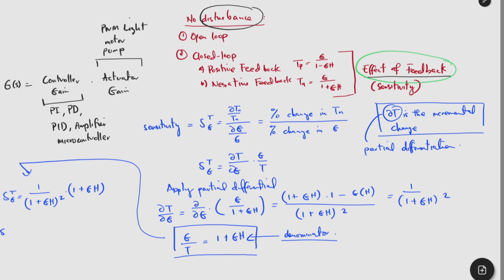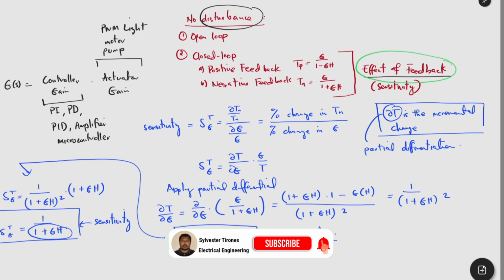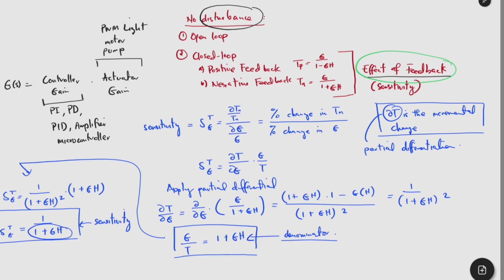We now should get S_T/G, which is equal to 1 over 1 plus GH. So this now represents our sensitivity, and it is the reciprocal of that expression, such that the system's sensitivity of the overall gain will increase or decrease based on the value of 1 plus the gain of the open loop and the feedback.